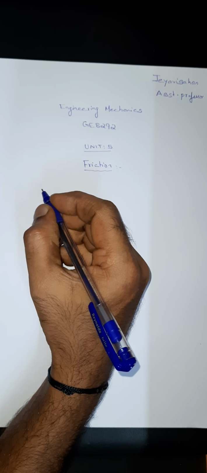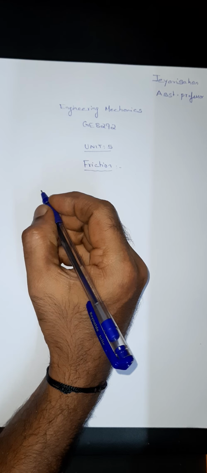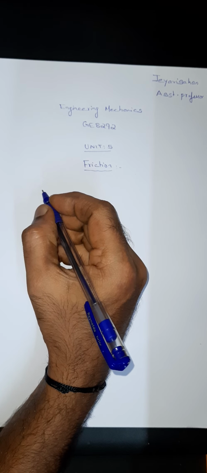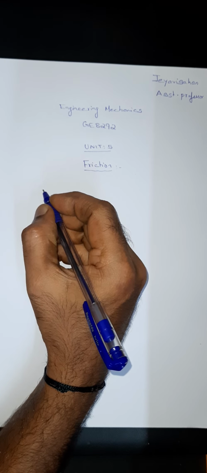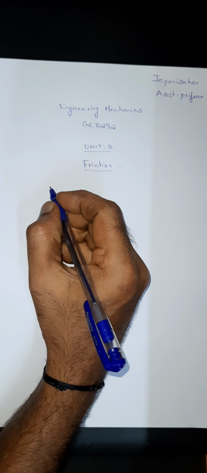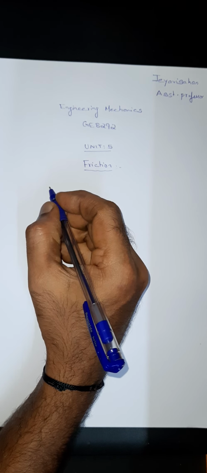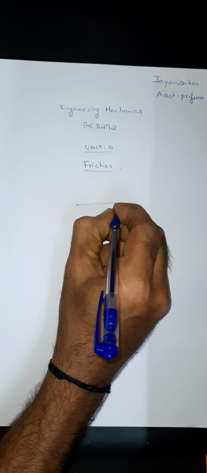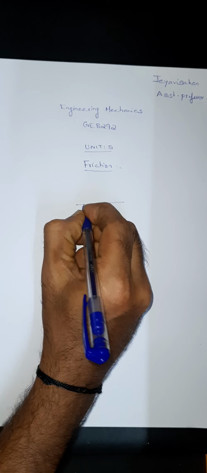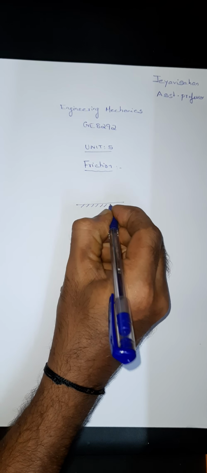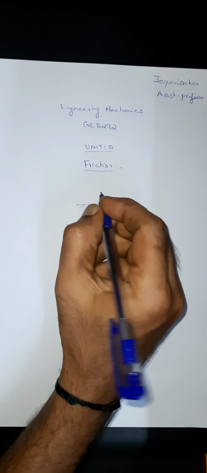Let me tell you about friction, the definition of friction. Friction is nothing but when a body slides over another body, a tangential force developed in the contact surface between the moving body and fixed body is known as friction. For an example, assume a horizontal plane, which is a fixed surface.